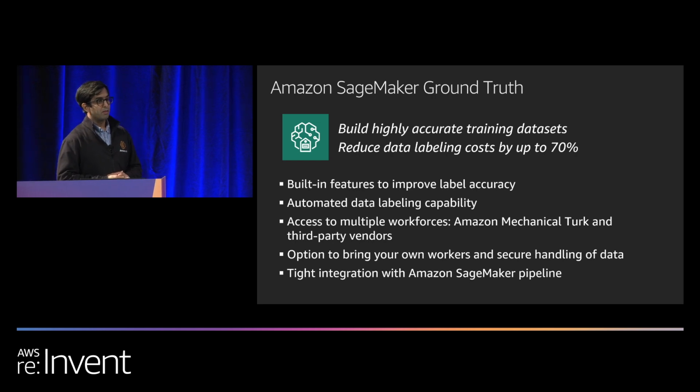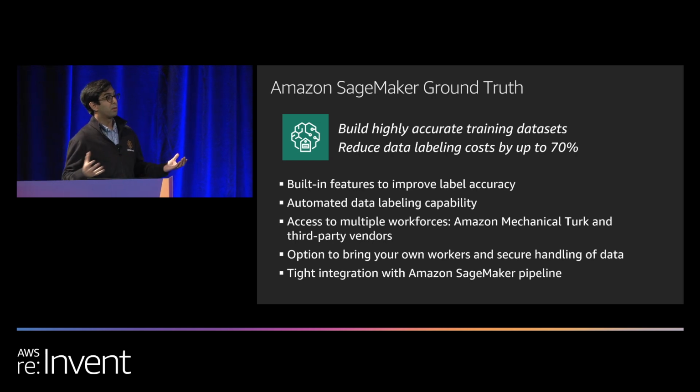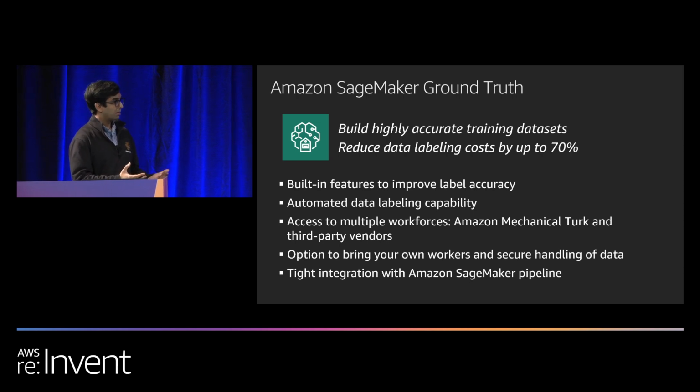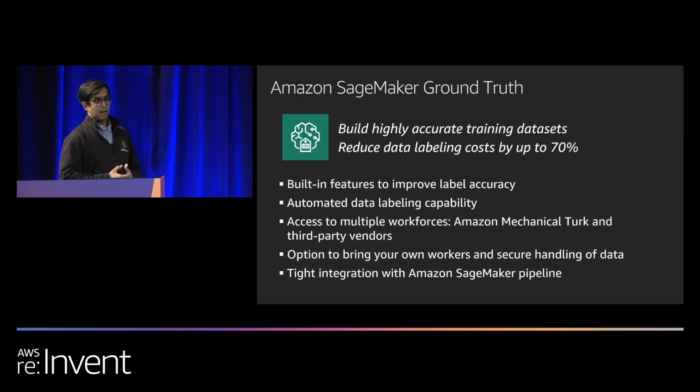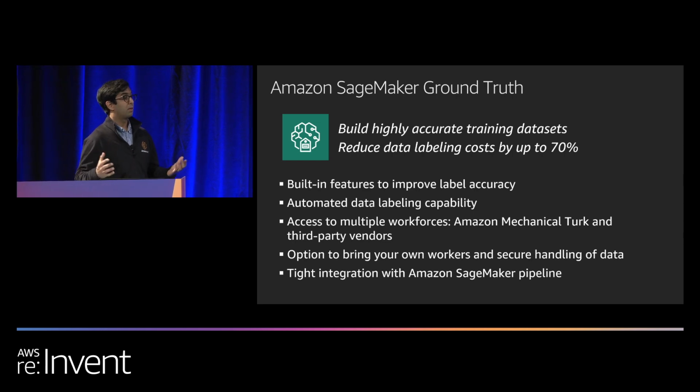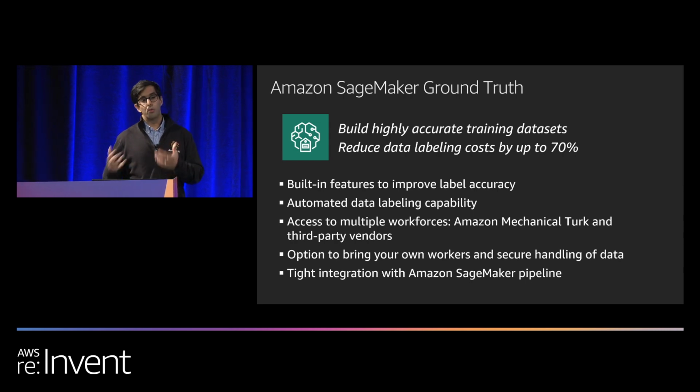And from that perspective, we provide this data labeling platform that gives you access to Amazon Mechanical Turk, gives you access to a set of wonderful data labeling partners that provide their data labeling services to you through our AWS marketplace. We also provide an option for you to bring your own workers, right?